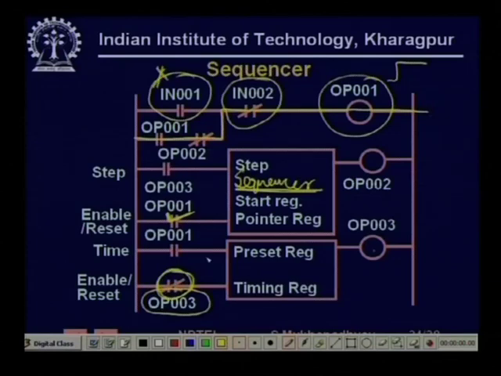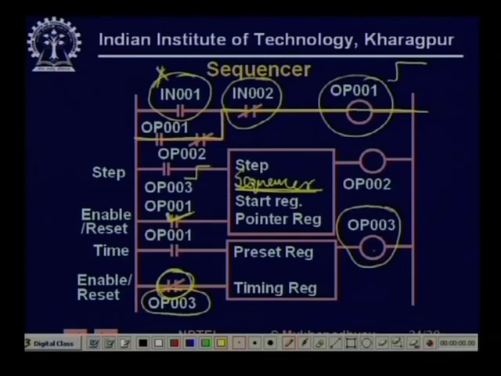Then this OP001 goes on, and when it goes on, it starts timing. After a preset timing, this OP003 will go high. When this goes high, immediately you get a pulse here.